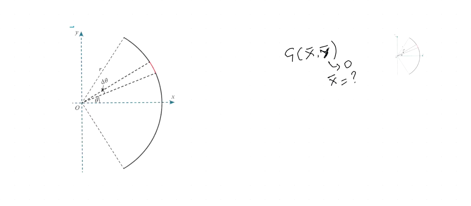Now, to get this, you can see the picture I have drawn here. I've just mapped out a little portion of this arc now, and the portion is here.